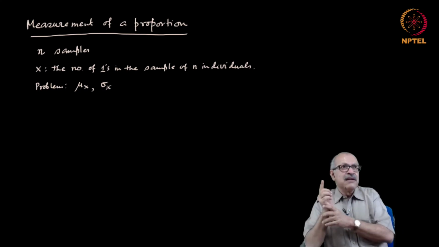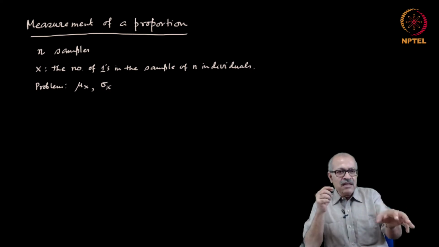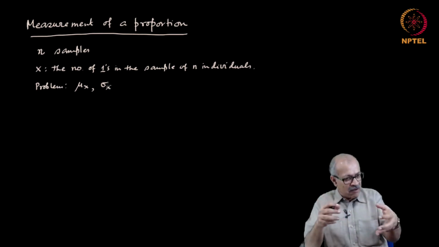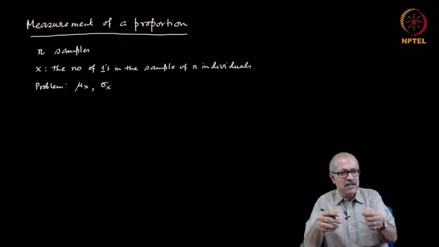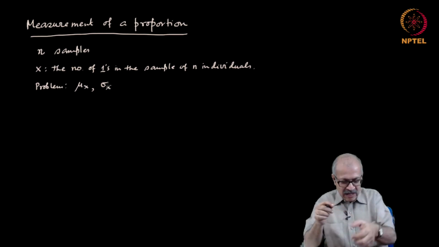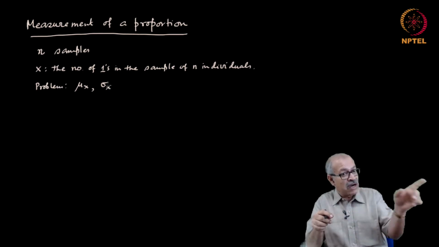Now, x is the number of ones in the sample of n individuals. Therefore, in finding out what x is, what I am doing is that I am picking up each individual from the sample, and we are asking whether it is 1 or 0. Again I am taking the second individual, I am asking 1 or 0. This is the same as what we were doing earlier.